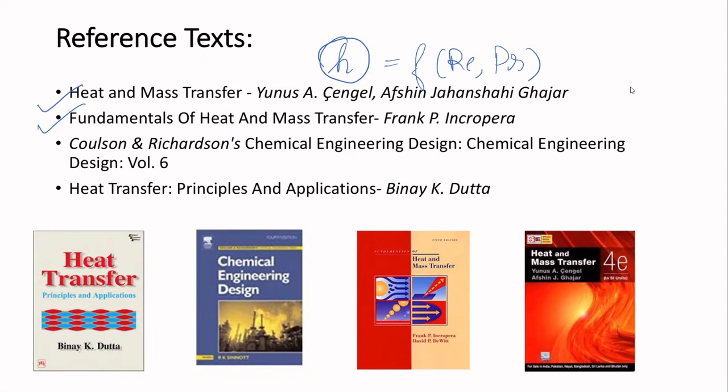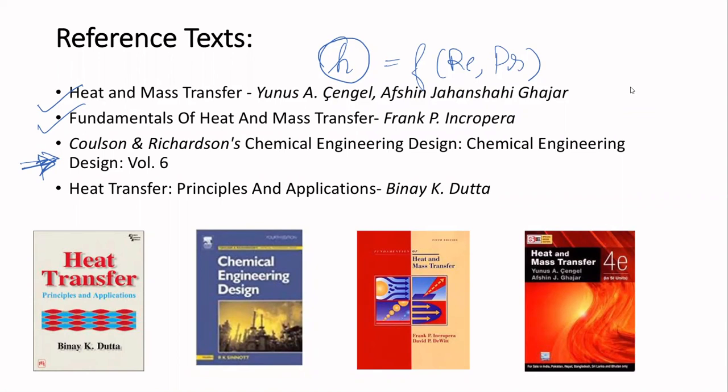So if required, we can have another special class wherein I just take the problems on this particular concept of convective heat transfer and some questions on boundary layer as well. Then for the main topic of our discussion, which is designing shell and tube heat exchanger, you'll find some really good procedures and design problems in this book, Richardson and Coulson's Chemical Engineering Design, volume 6.